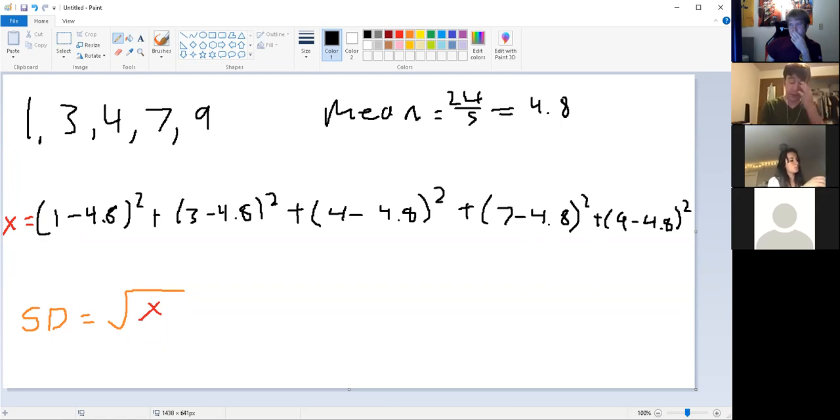I think variance is just a way to get that distance from the mean without having to deal with negative numbers, essentially. Yeah, variance is more of a means to an end than something you really care about. Okay.